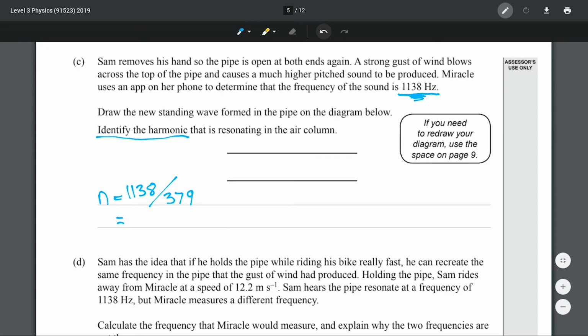Putting our numbers in gives us almost exactly 3. In fact, to 3 significant figures, that's 3.00. So make a note, we are looking at the third harmonic. Now, for an open pipe, the third harmonic is going to have 3 nodes. So let's try and draw this.